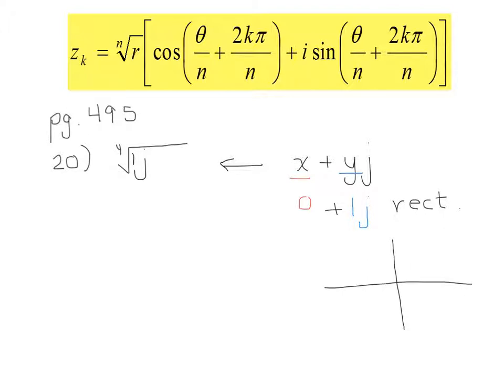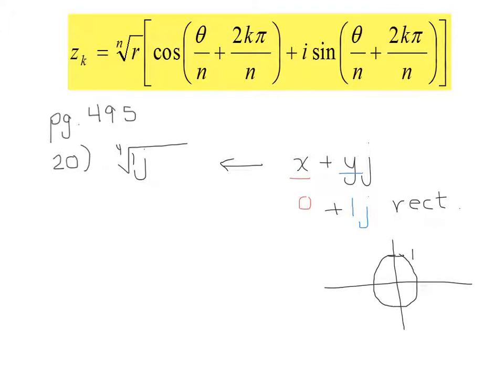Now let's picture on the complex plane where 0 plus 1j would be. 0 is my real part. That means we don't move either right nor left on the horizontal axis, which is the real axis. But 1 is my imaginary part, and that means we go up 1 on the imaginary axis, the vertical axis. So the point 0, 1 is clearly at 90 degrees on our unit circle, or pi over 2.